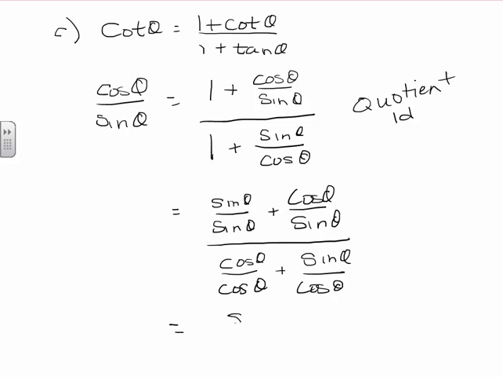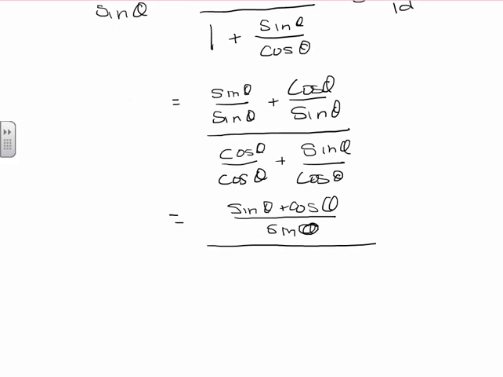So on the top I have sine theta plus cos theta all over sine theta. And then our large fraction, that's the theta there. In the denominator, I have cos theta plus sine theta all over cos theta.